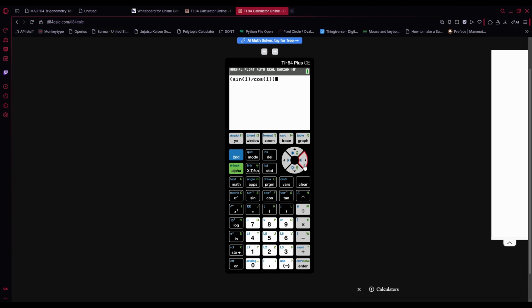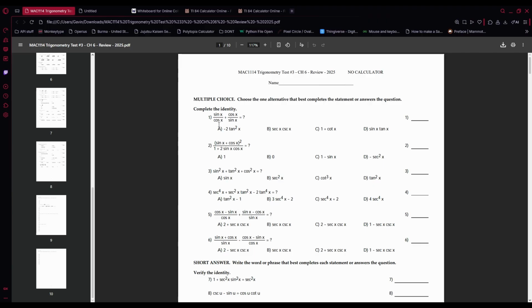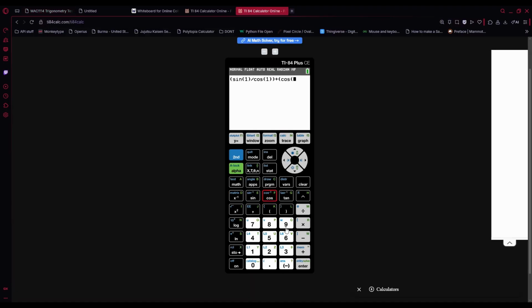Okay. Plus cosine over sine, so sine x over cosine x plus cosine x over sine x. Now, these are just test values. We're going to plug it in. We're going to get 2 point whatever.